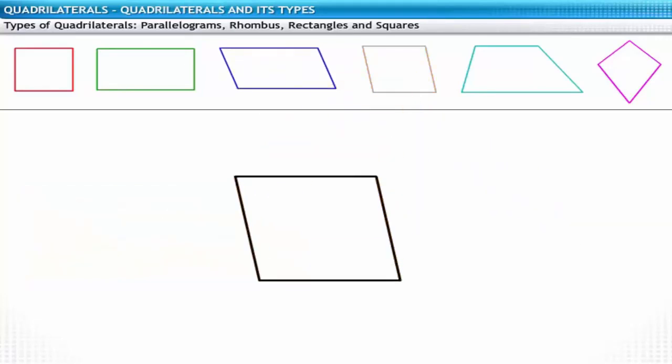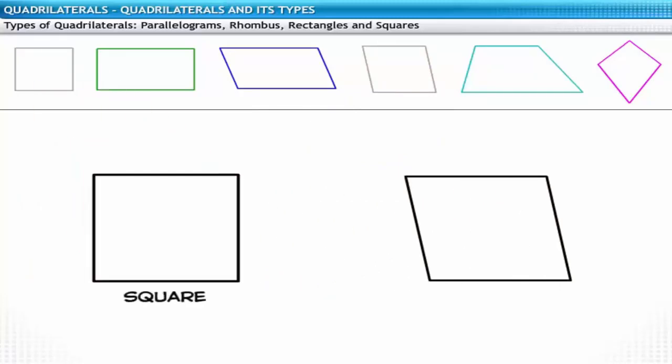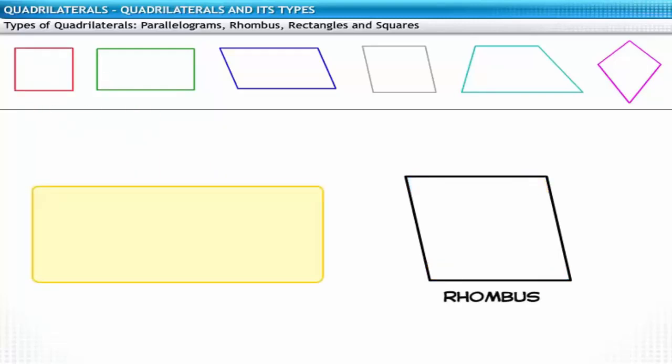Now, consider the 4th type of quadrilateral. On comparing this quadrilateral with a square, we find that most of their properties are the same. However, unlike the square, its angles are not right angles. Such a quadrilateral is called a rhombus. A rhombus is a quadrilateral in which all sides are equal in length.